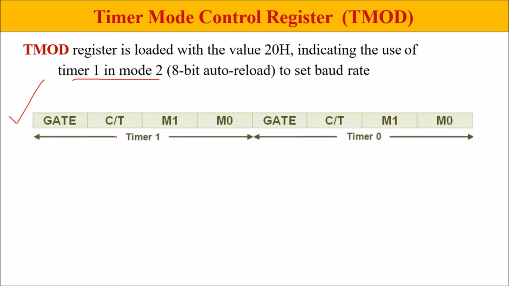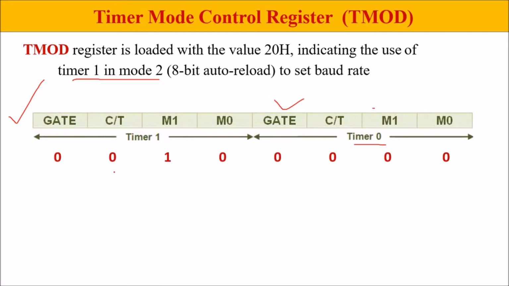The C/T bar bit should be 0 if you are using the block as a timer. So here we'll store 0, and these two bits are for mode. Mode 2 we are using, so these bits will be 1 and 0. We are not going to use timer 0, so all these 4 bits will be don't care.